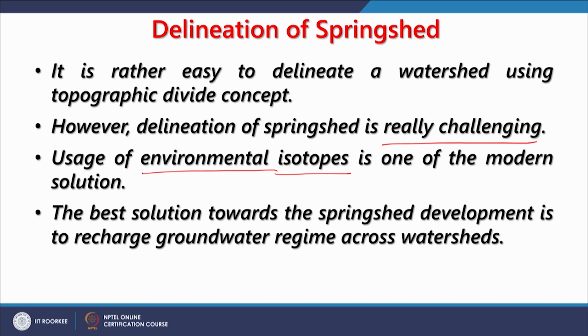So, the best solution towards springshed development is recharging the groundwater regime across watersheds. This is a kind of blanket solution: if you manage all watersheds, which have topographic control, then our springs will have more water, constant water all the time in this area.